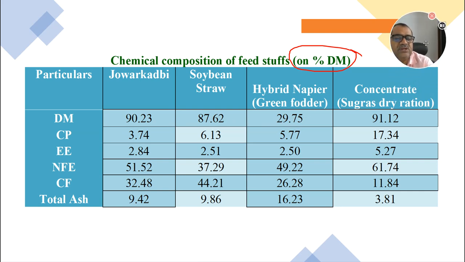For concentrates, for example, dry ration, etc., the crude protein, NFE, EE, crude fiber, or total ash vary to a greater extent. We will come later to how all these things are calculated. So this is the way the chemical composition of a feed is calculated.